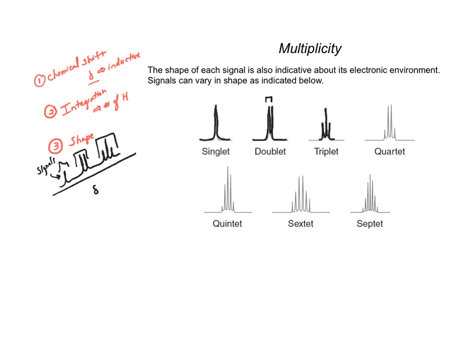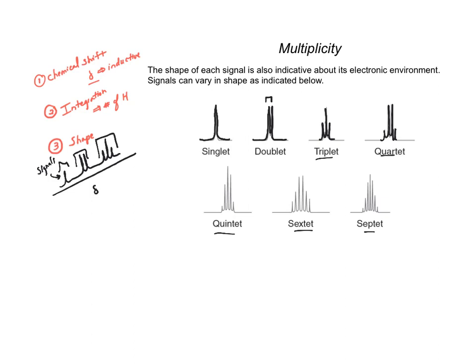I'm going to utilize these words, quartet, quintet, sextet, septet, as I move through this. So just note, if I refer to a quartet, I'm referring to a signal that has 4 peaks, and they integrate into a 1:3:3:1 ratio. That's what I mean by quartet, quintet, sextet, septet, etc.